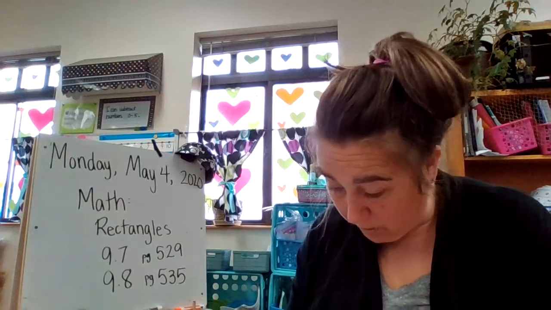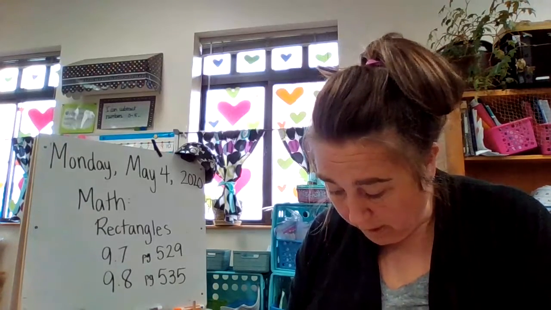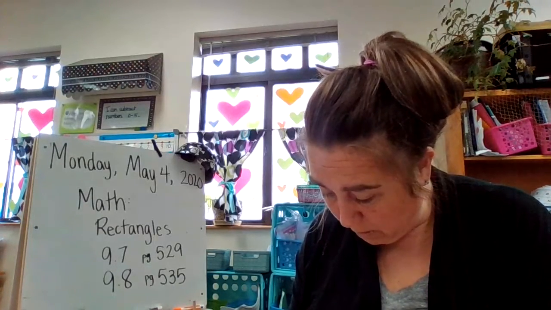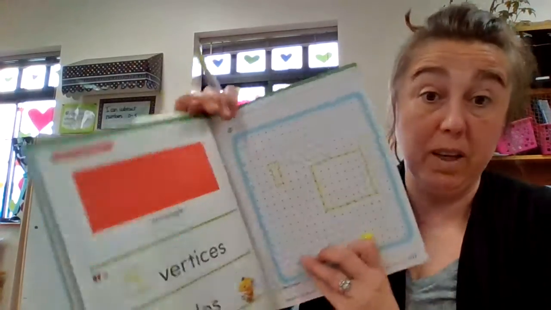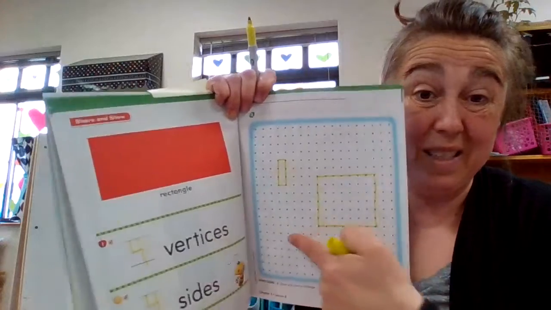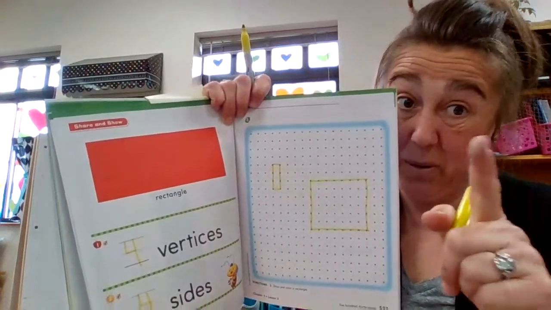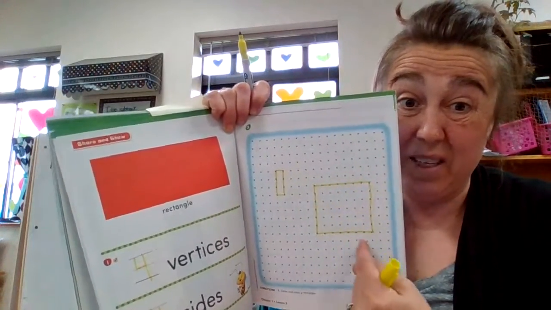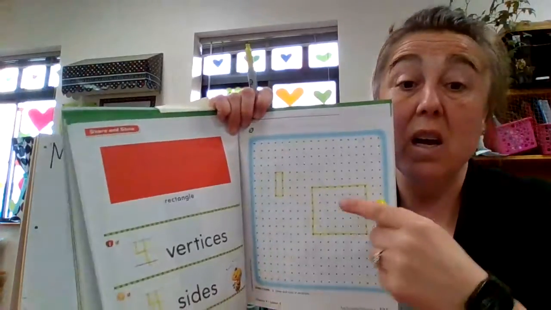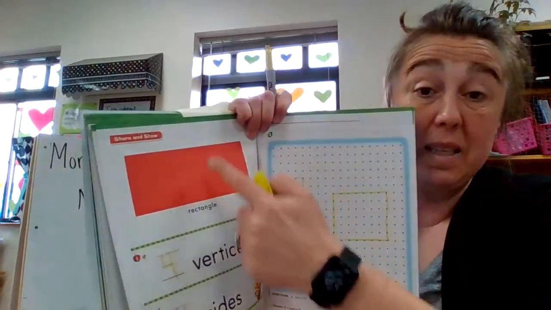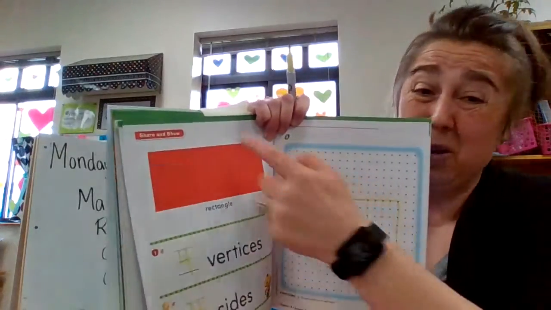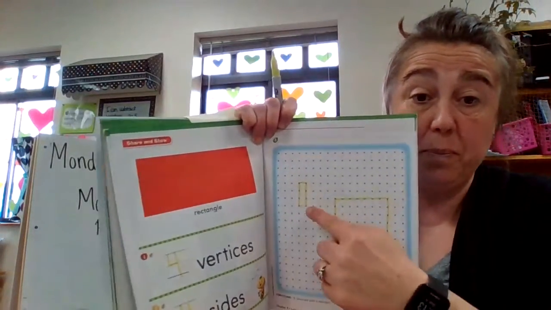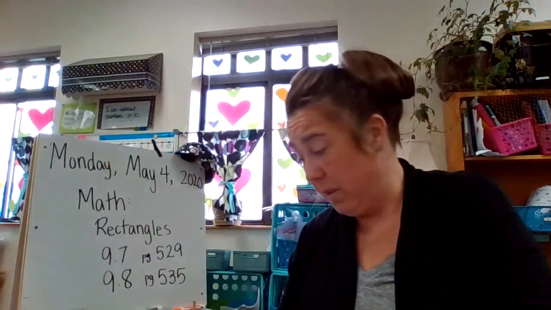Well, I better not have drawn a square. 1, 2, 3, 4, 5, 6, 7. 1, 2, 3, 4, 5, 6, 7, 8. Whew, just barely. This side has 7, this side has 8. So be careful you don't draw a square, because if I had 7 and 7 and 7 and 7, it would be a square. A rectangle, the opposite sides are the same length, but the other 2 are not the same length. So go ahead and draw your rectangle.